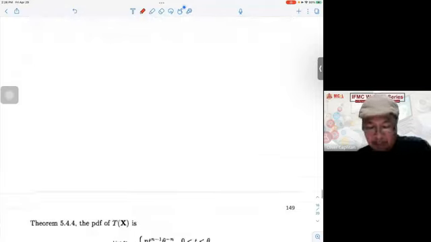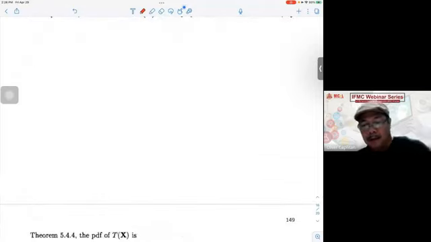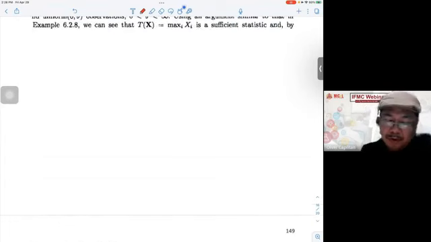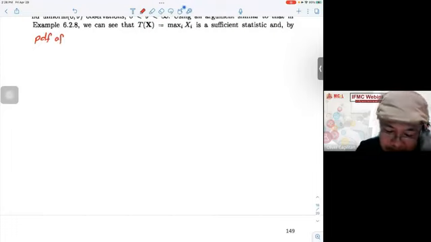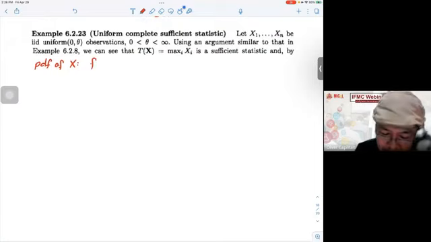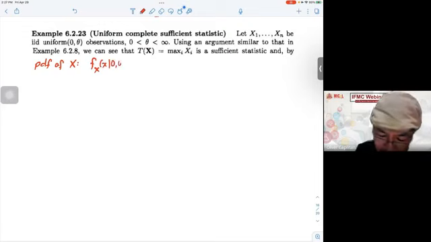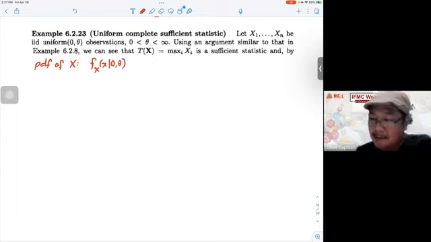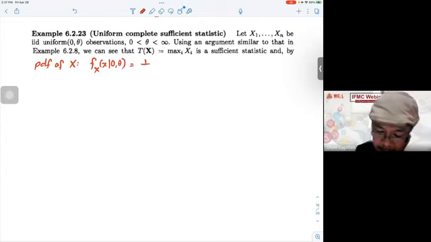That is already written in the book. I'm going to insert the detailed solution to that. So what is the PDF of our X? X having a uniform distribution, we have the parameter theta, and this is equal to 1 over theta minus 0, and then you have the indicator function of X on this closed interval.